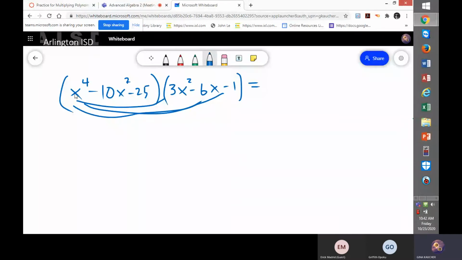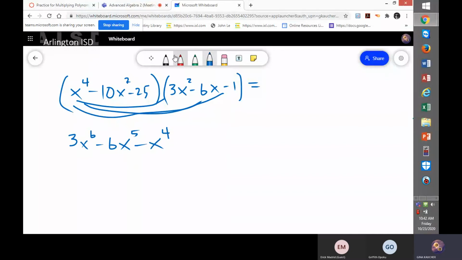Okay, so x to the 4th times 3x squared. That gives you 3x to the 4 plus 2 is 6. X to the 4th times negative 6x, that gives you minus 6x to the 5th. X to the 4th times negative 1 gives you minus x to the 4th.